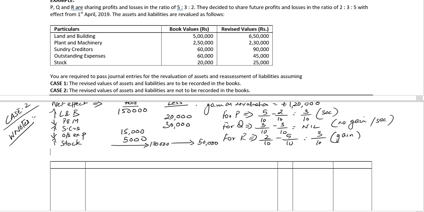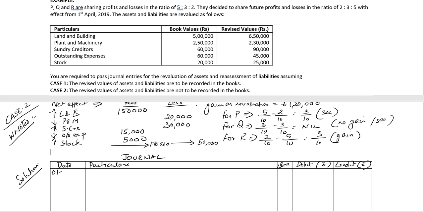So let's go ahead with the solution. Journal, date, particulars, LF number, debit rupees, credit rupees.